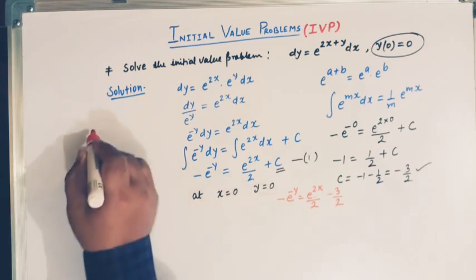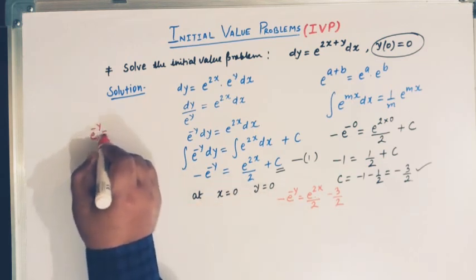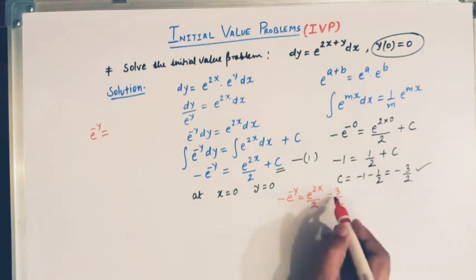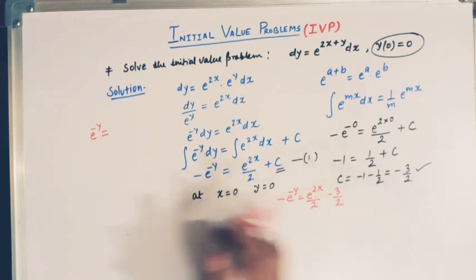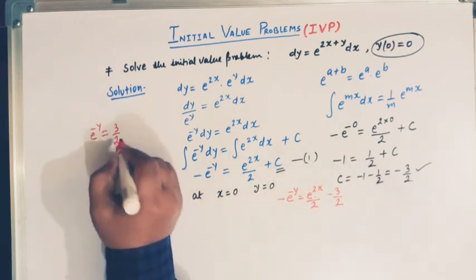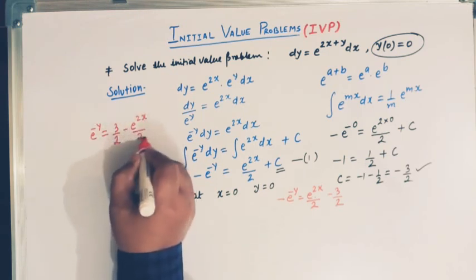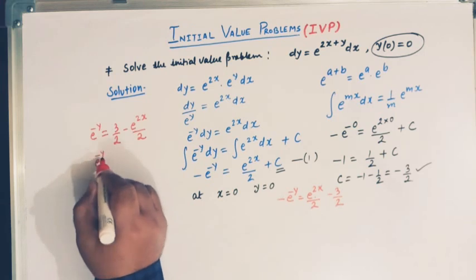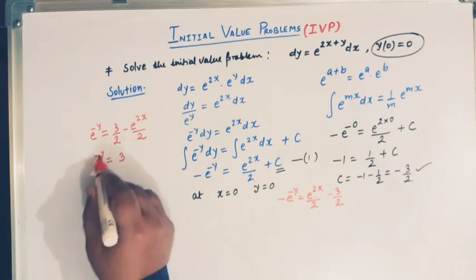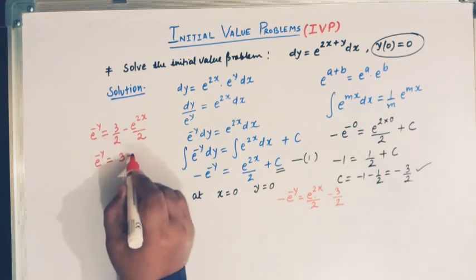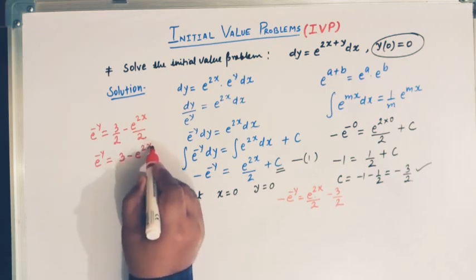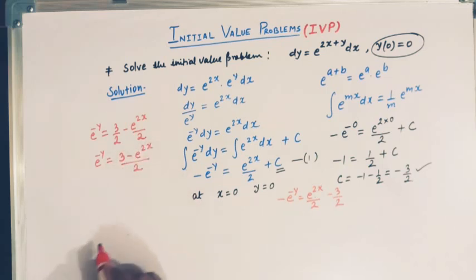So we can write e raised to minus y, this becomes positive, and these two terms get reversed. So we have 3 by 2 minus e raised to 2x over 2, and this can also be written as e raised to minus y is equal to 3 minus e raised to 2x over 2, right?